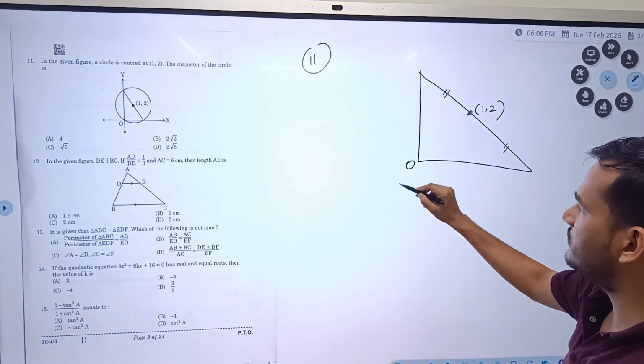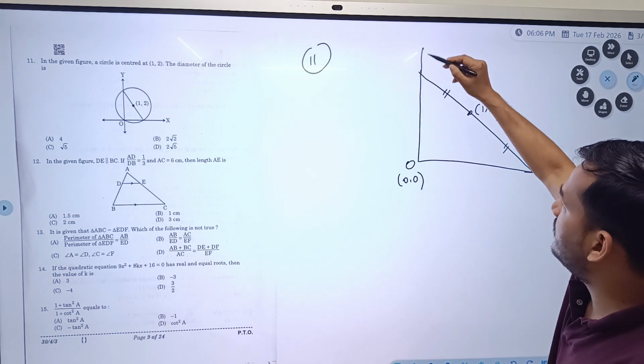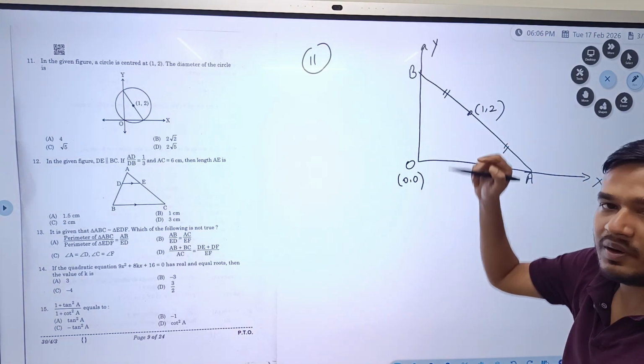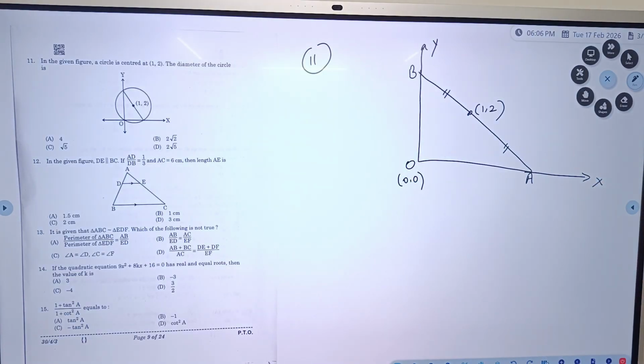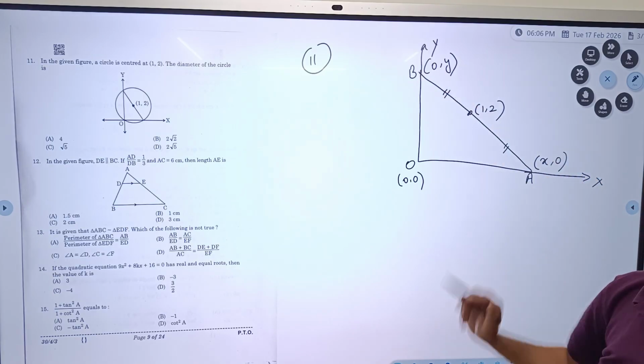This point is O, that is 0 0. This point is on the x-axis and this is on the y-axis. So let's consider this point as A, this point is B. Now we have to find the distance AB. AB is the diameter of the circle. So the coordinate of A can be assumed as x comma 0, and the coordinate of B can be assumed as 0 comma y, because that is on the y-axis.